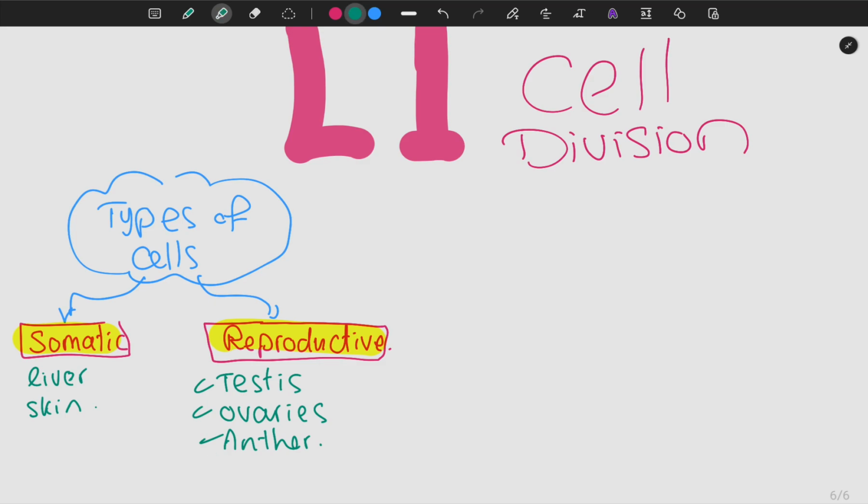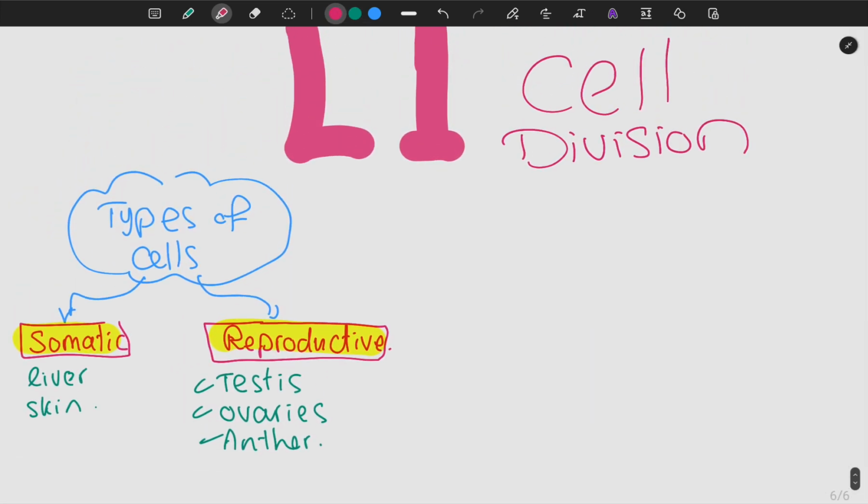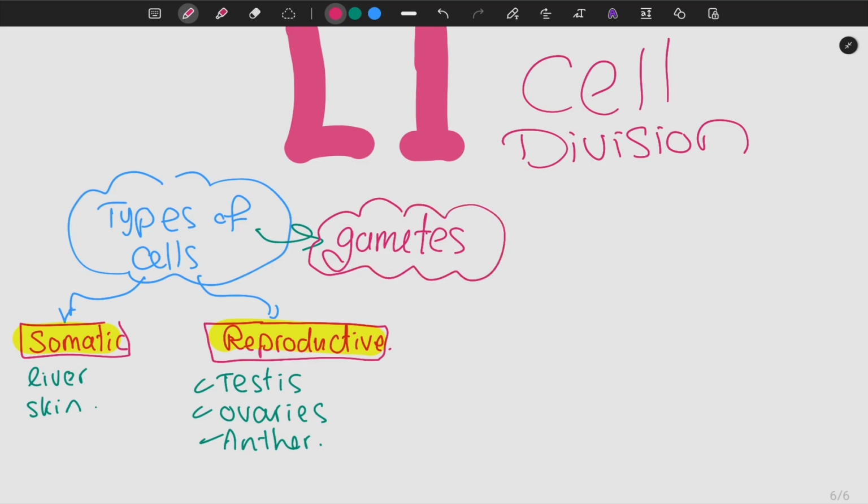Okay, let's add something else to them, something called gametes. Gametes are cells that are produced by the reproductive organs.